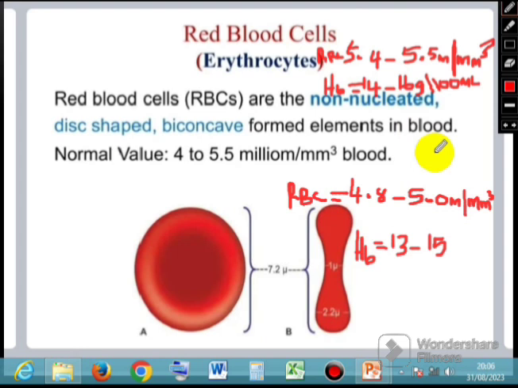So it is not because males take more water and females take more ice cream. It's just simple. Alright? So the red blood cells are higher in males than in females because of the male sex hormone known as testosterone.